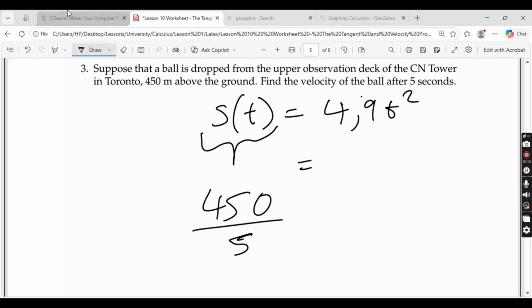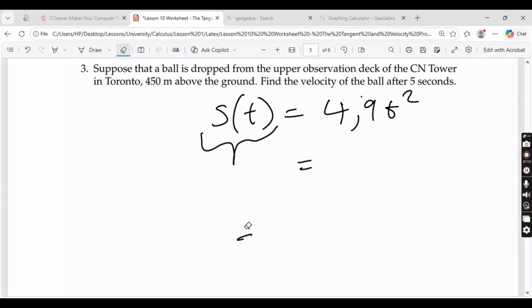Okay. Maybe let's do this. Maybe I could ask a question. When you put in 5, when you are replacing t with 5, what were you trying to do?